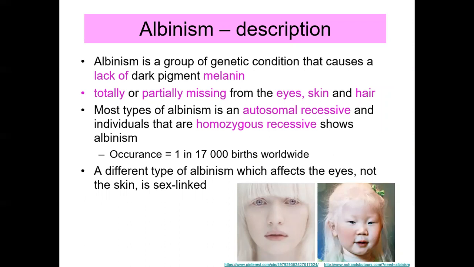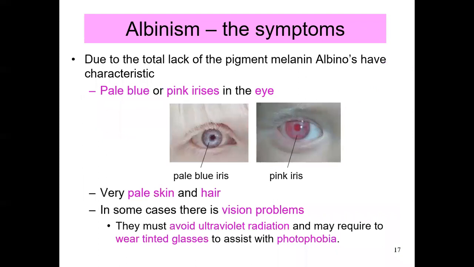We have many different types of albinism. A different type affects the eyes and not the skin; this type is sex-linked. Due to the total lack of the pigment melanin, albinos have characteristics like pale blue or pale pink iris in the eye.